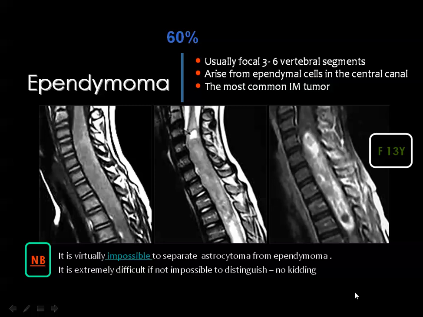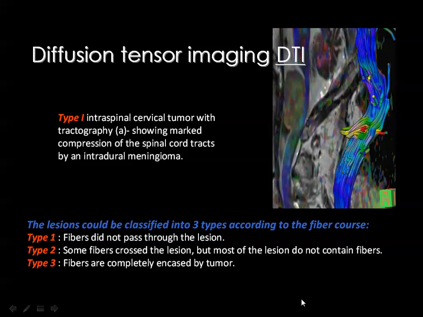It is well known from the literature that it is virtually impossible to separate astrocytoma from ependymoma based on imaging. And this is a rule that you can also use in the differential diagnosis. You may say that I am looking at an intramedullary tumor, which may be an astrocytoma or maybe an ependymoma.